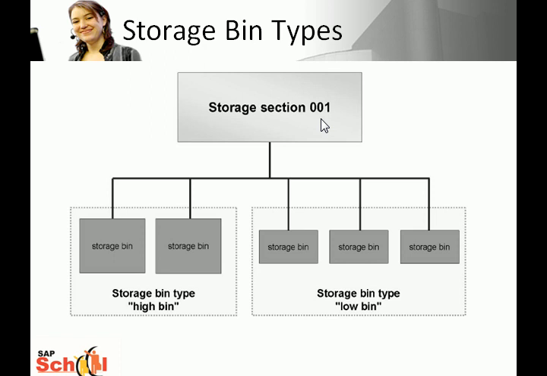You can assign a storage bin type when you create a storage bin. This is particularly useful if the storage bins within a storage section have different dimensions. Bin types are categories that you define for each warehouse number in customizing to specify the rough dimension of storage bins. For example, bin width 1 meter, bin length 2 meters, and so on.